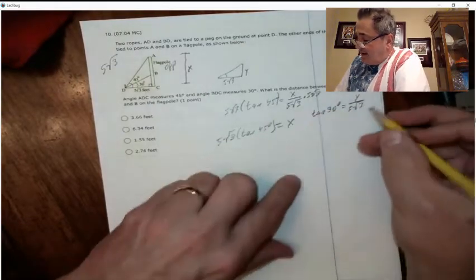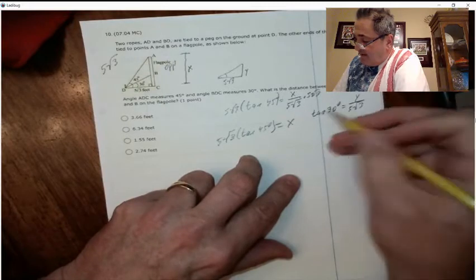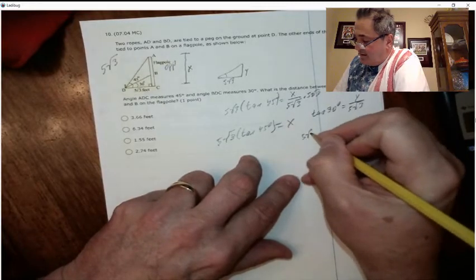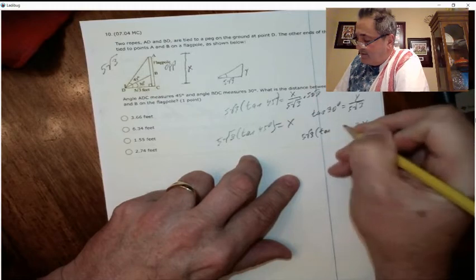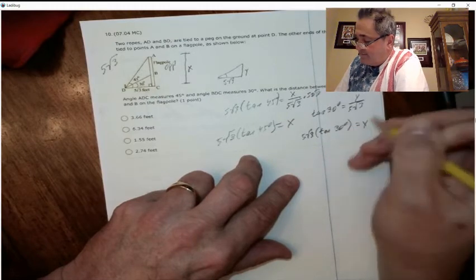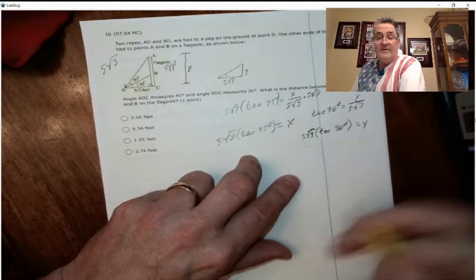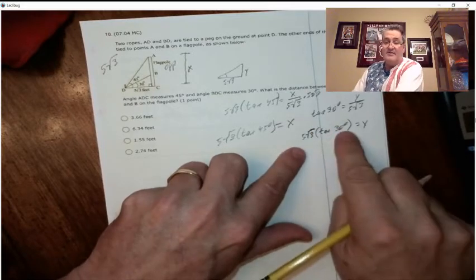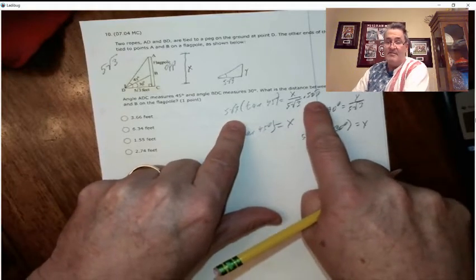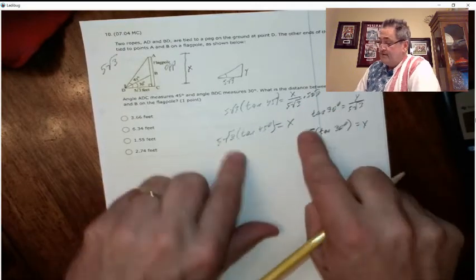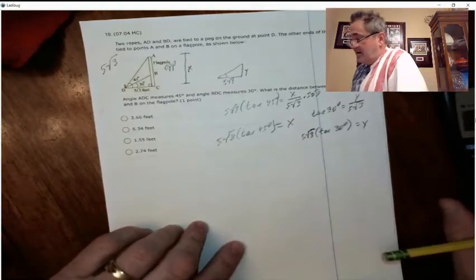So y equals 5 times the square root of 3 times the tangent of 30 degrees. We do the same thing we did over here, multiplying both sides by the bottom. So let's put these in our calculator and see what they are.